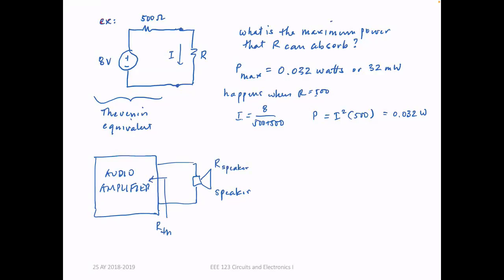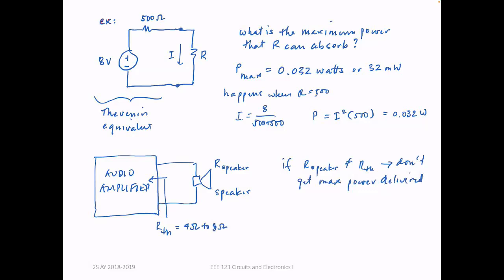If R speaker is not equal to R_TH, then you don't get maximum power delivered to the speaker. In other words, what comes out of your speaker is weak. Typically, the value of R_TH of an audio amplifier is from 4 ohms to 8 ohms.